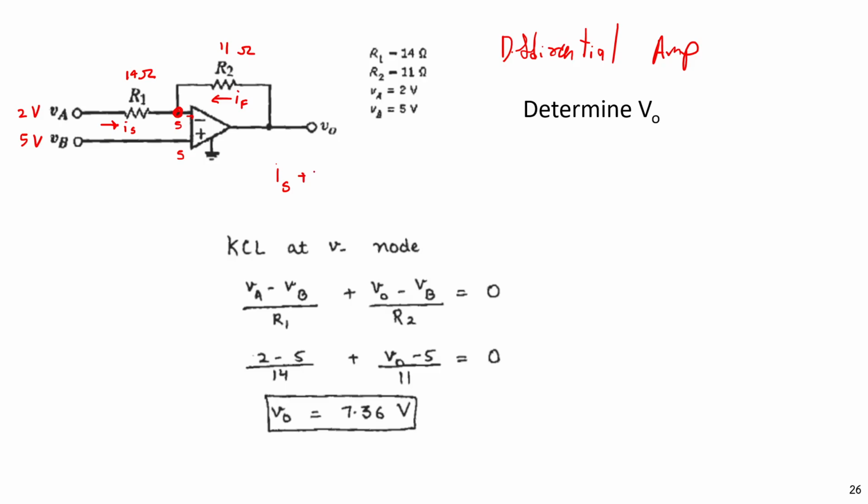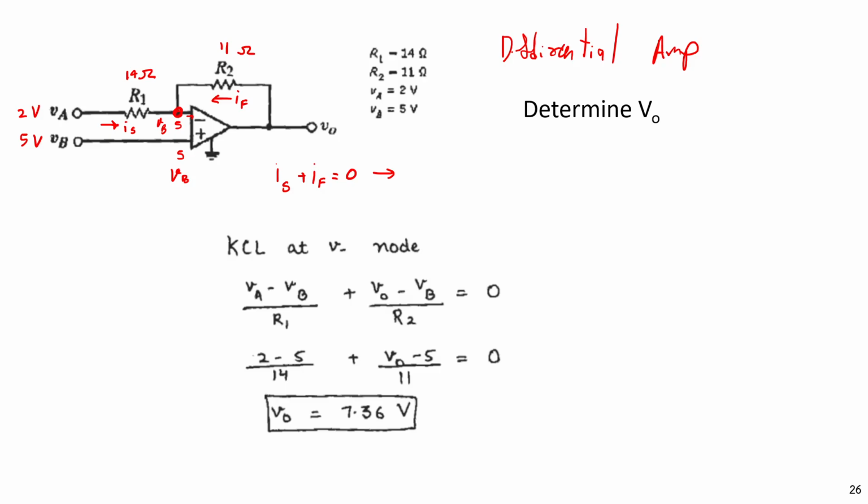IS plus IF is 0. Therefore, here is VB, so the other pin is also VB, right? With the op-amp property, if we connect 5 volt here, the other pin is also 5 volt, right? So VB.